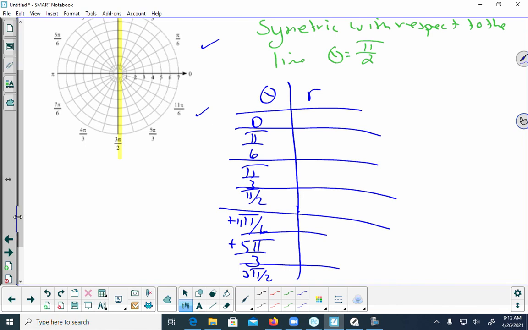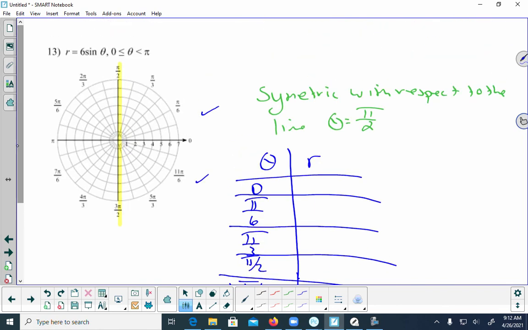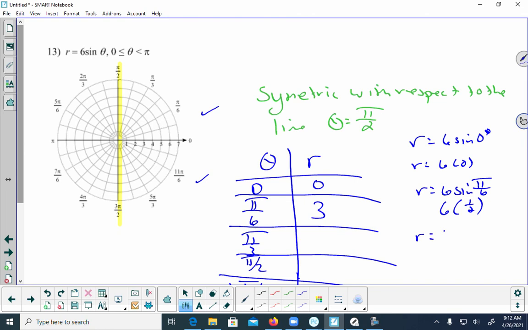So when I go and do this, I'm going to do 0. So my r is going to equal 6 times the sine of 0 degrees, or 0 radians, whichever. And then that's going to be 6 times 0, which will be 0. Then I'm going to have r is equal to 6 times the sine of pi over 6. The sine of pi over 6 is 1/2, so this will end up being 3. R is equal to 6 times the sine of pi over 3.